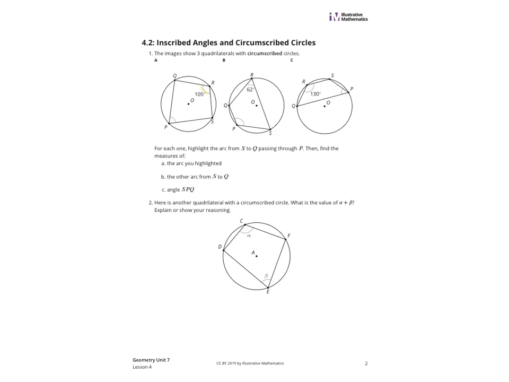So in this picture, I know that the arc that goes from Q through P all the way over to S, this is the arc that goes with angle R. So if angle R is the inscribed angle, then my arc would need to be twice its measure. So we've learned in previous lessons that the arc that goes from Q to S would be 210 degrees because the angle, its inscribed angle, is 105.